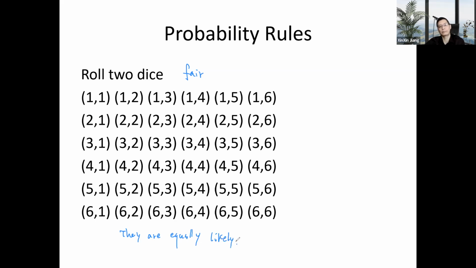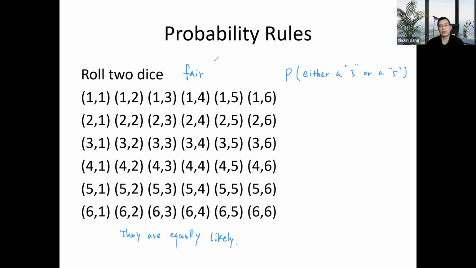What's the probability that you see either a 3 or a 5? It doesn't specify which number is 3. The first one is 3, or the first one is 5. Okay, either 3 or 5.